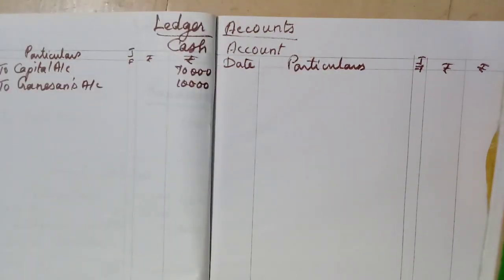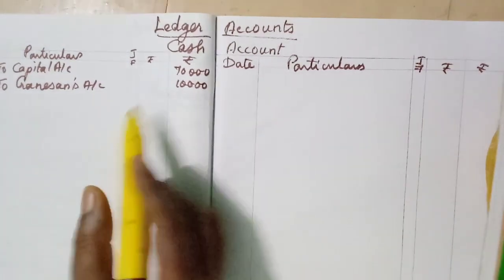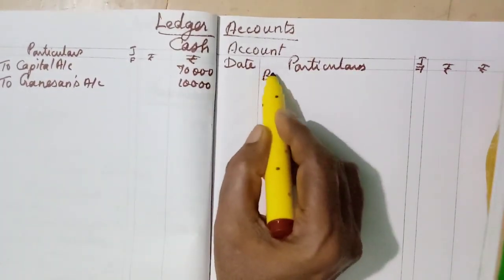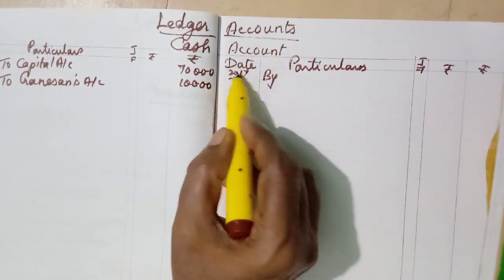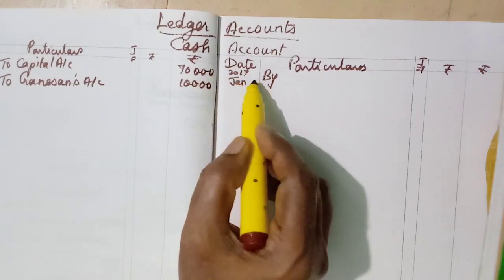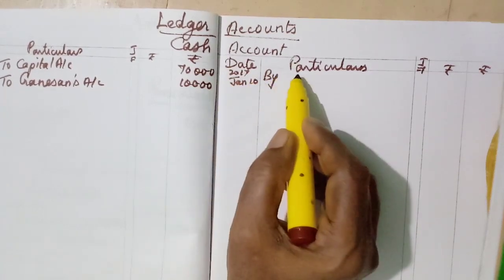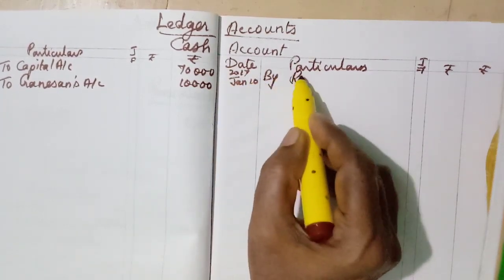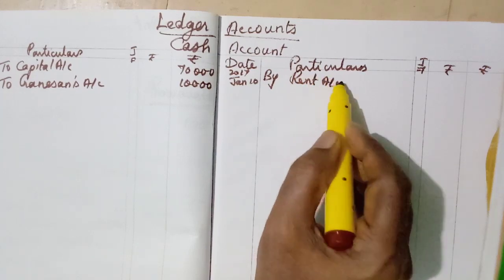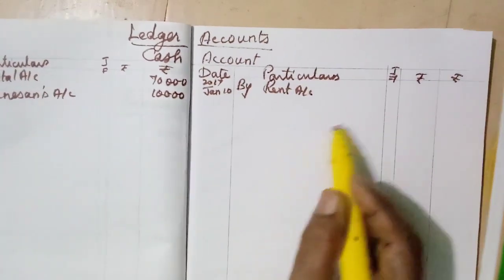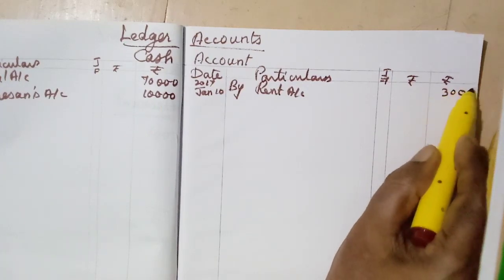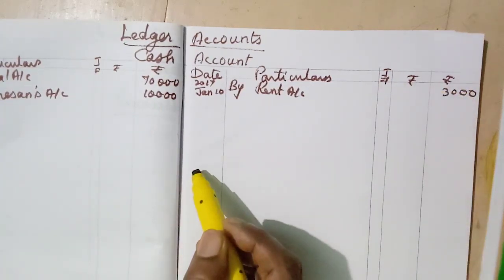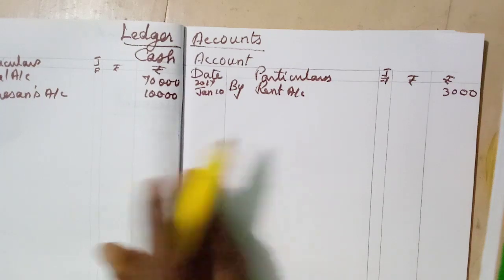Then third entry. Rent account debtor to cash. So cash is credited. So credit side we have to write. Before that you start the date. 10. By rent. 3,000. Okay, then the last one, cash debtor to commission received.